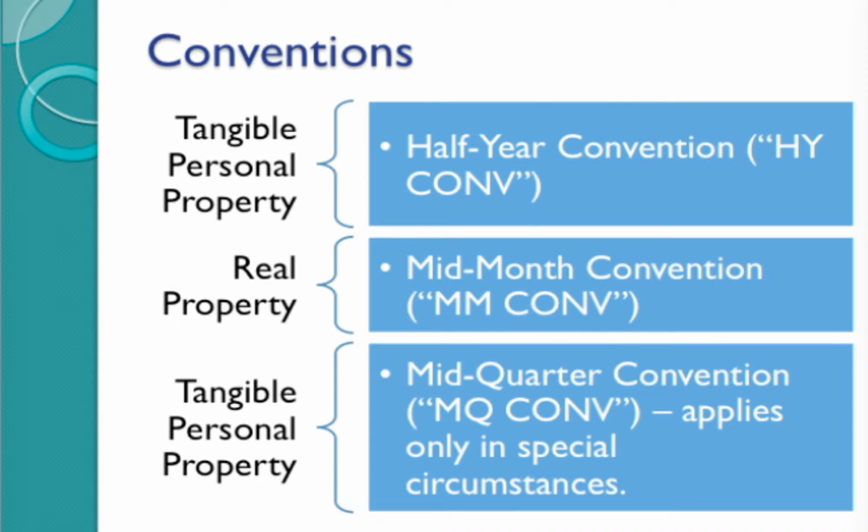Mid-month is similar. Whatever month it is placed into service, regardless of the date, you use the 15th of that month as the official date it's placed into service. There are some exceptions to that rule.